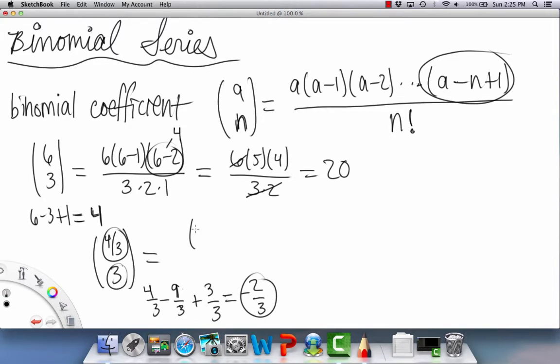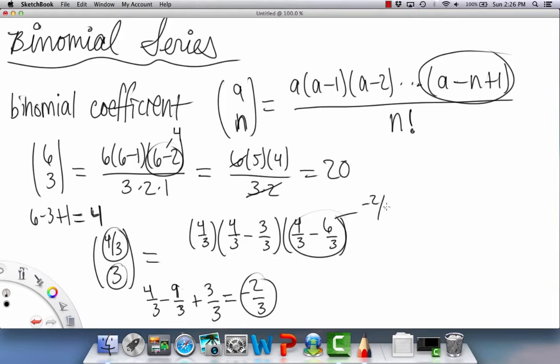Let's start with 4 over 3. That's our a. Then we have 4 over 3 minus 1, which is minus 3 over 3, so this is positive 1 over 3. Then we have 4 over 3 minus 2, which is minus 6 over 3, giving us negative 2 over 3. So we're going to stop here and then move on to the bottom. We have 3 factorial, which again is 3 times 2 times 1.